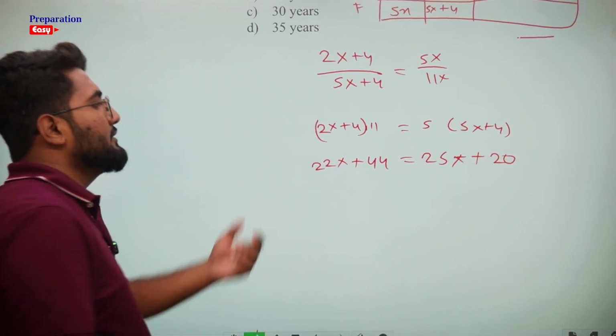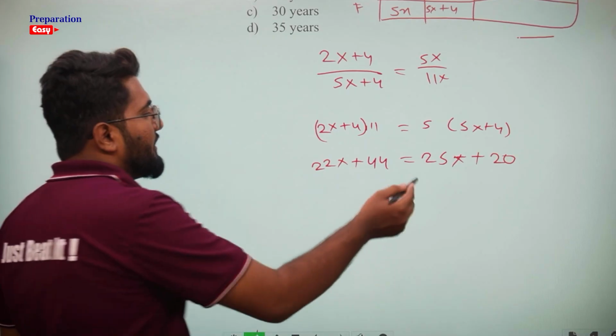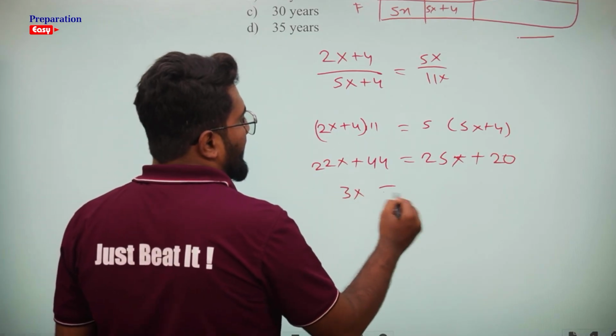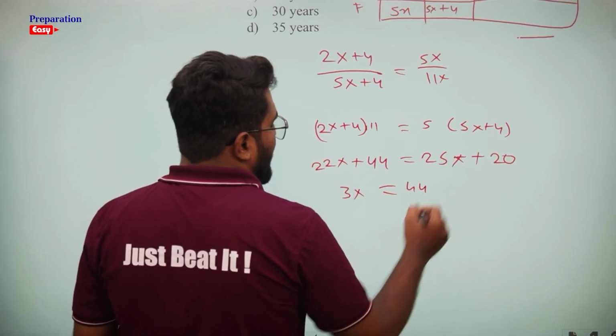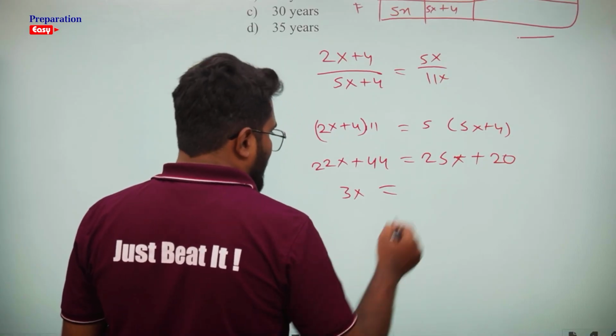So 25x minus 22x becomes 3x, and 44 minus 20 will become 24.